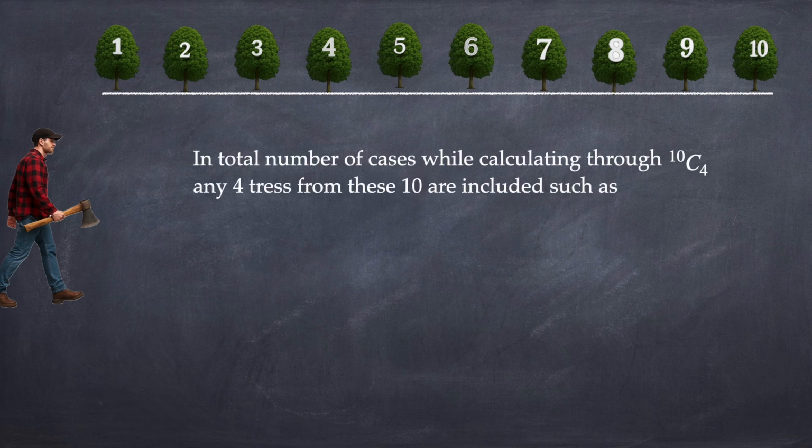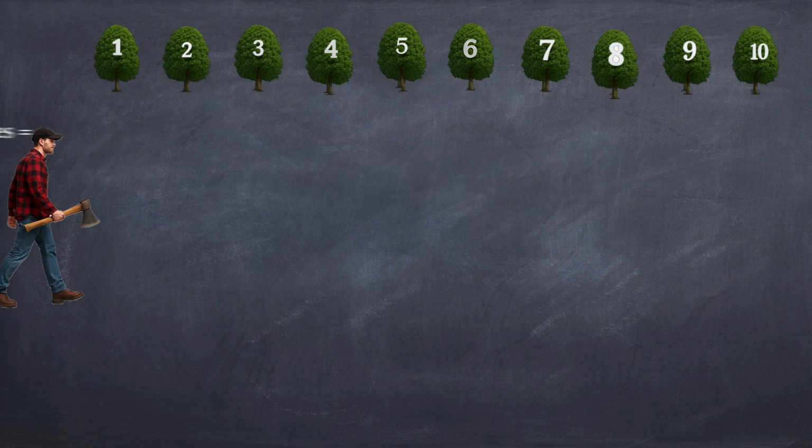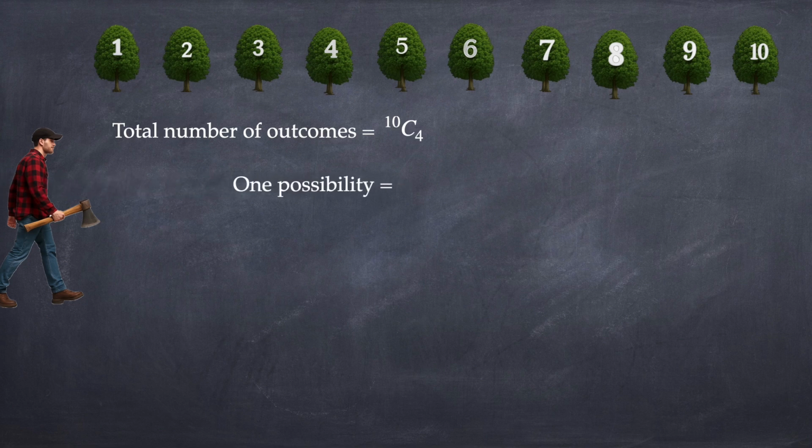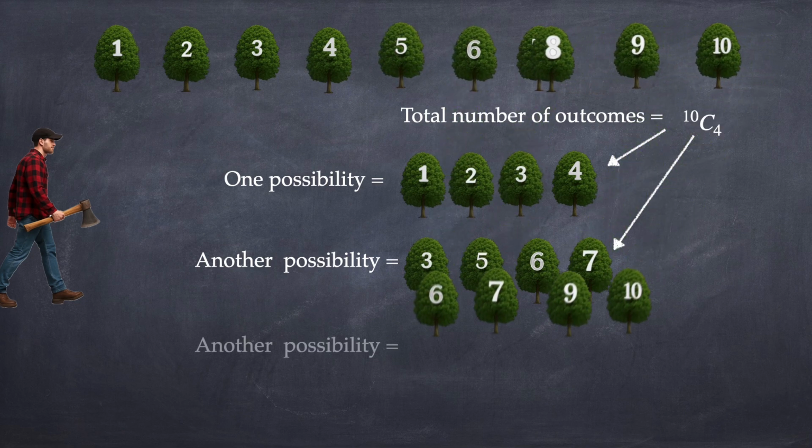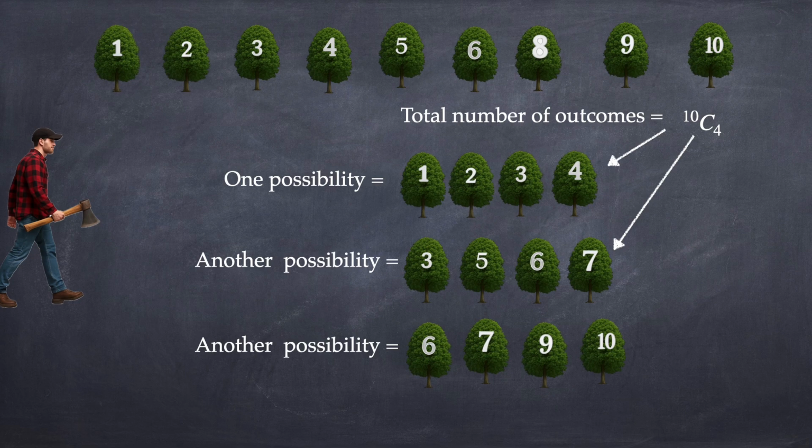Now we observe examples of possible outcomes and favorable outcomes. This is an example where 4 of the 10 possible trees are included in the outcome.